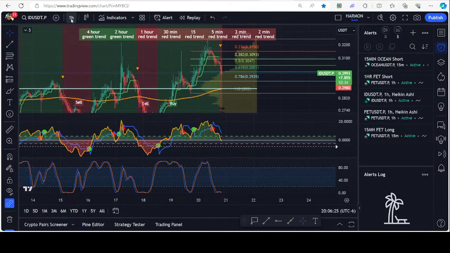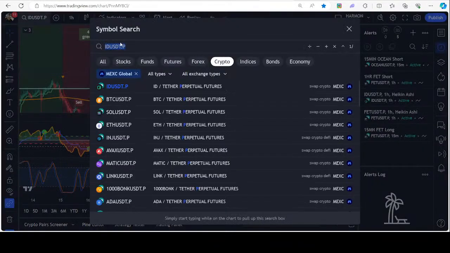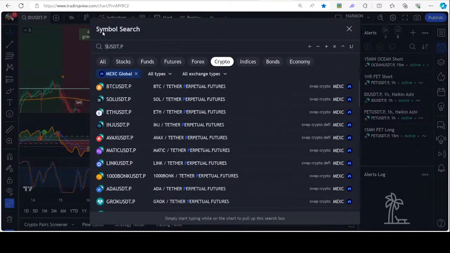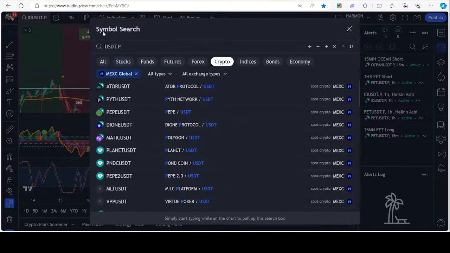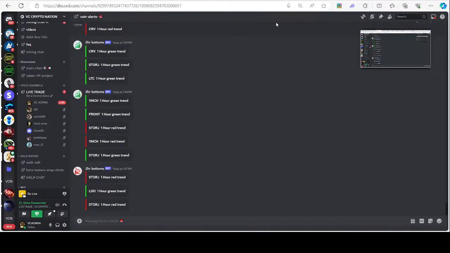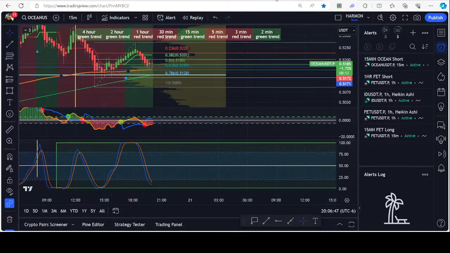And we're just running these out right now. All right, let's see storage. What's that ticker? STORJ, right? STORJ, yeah.